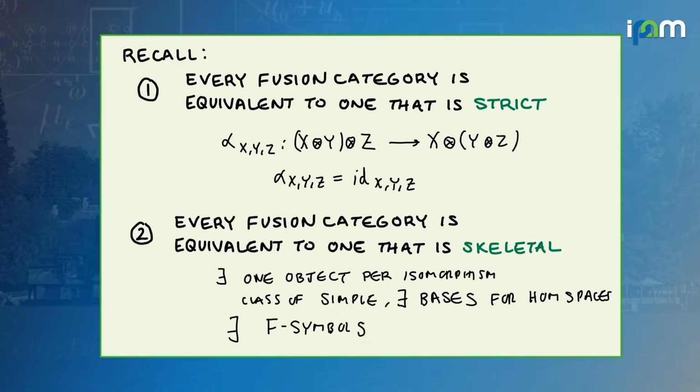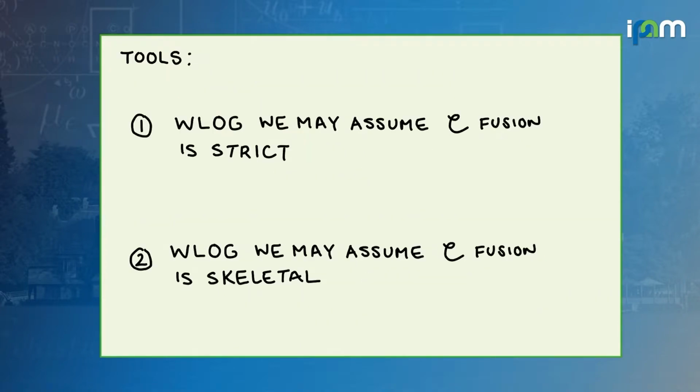So two different ways to work with a fusion category, but it's not true that every fusion category is equivalent to one that is both strict and skeletal. One of the reasons why people love the toric code so much is that it maybe is one of these examples. The F symbols are all trivial, but in general, you can't have this. It's too good to be true. So to recap, there are sort of two main tools, at least for the purposes of this talk.